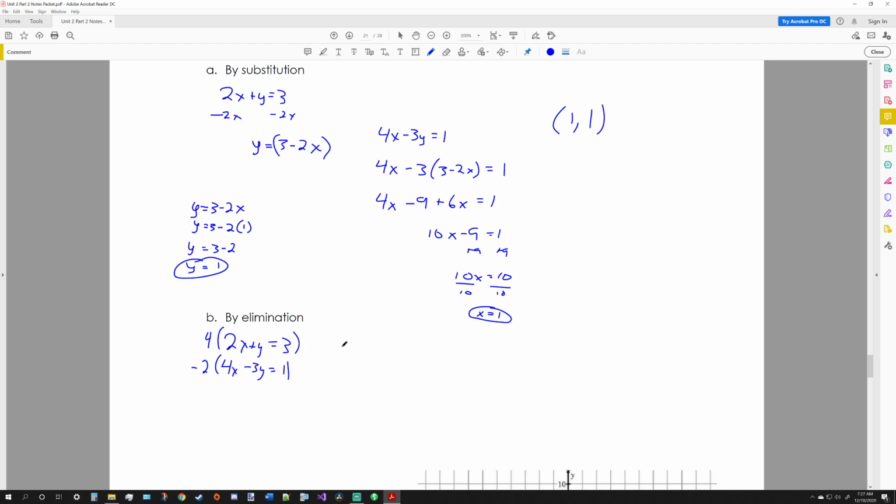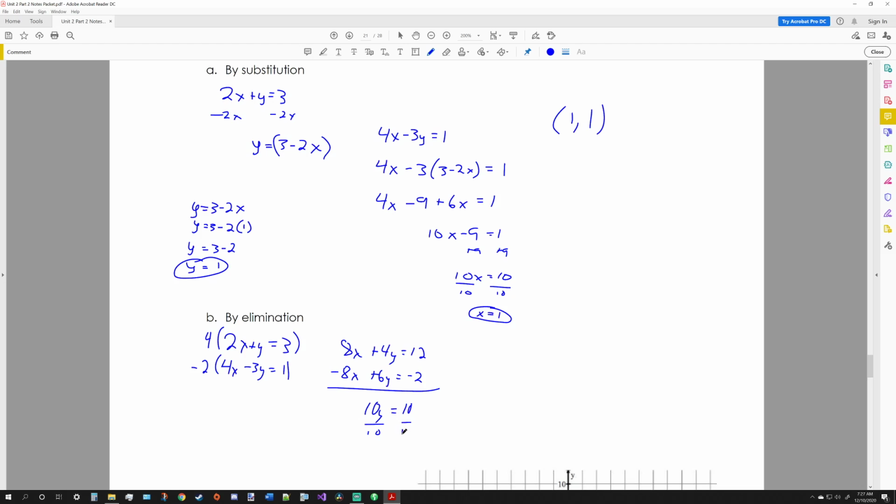So that'll give me 8x plus 4y equals 12, and negative 8x plus 6y equals negative 2. Combining these, that's eliminated. 10y equals 10.